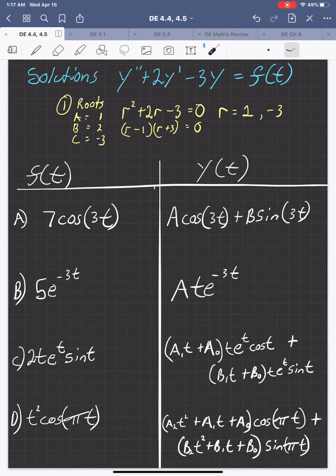All right, so we're going to begin 4.5 for our differential equation class, which is on the superposition principle. I left off last class giving you a couple problems to try.